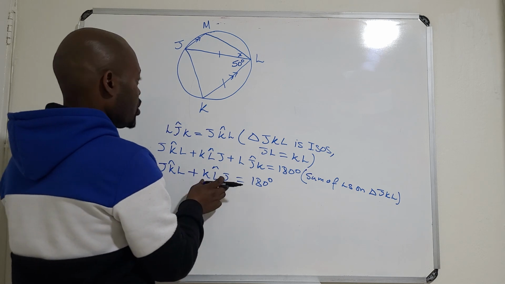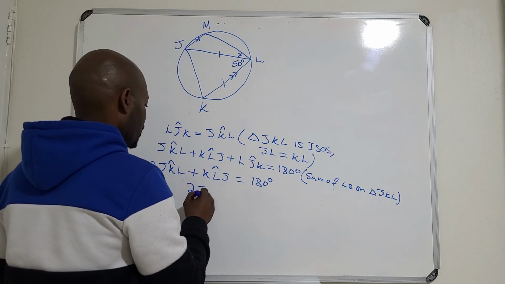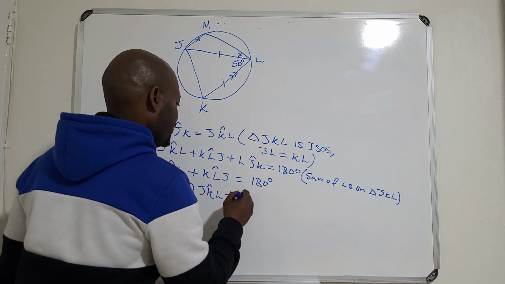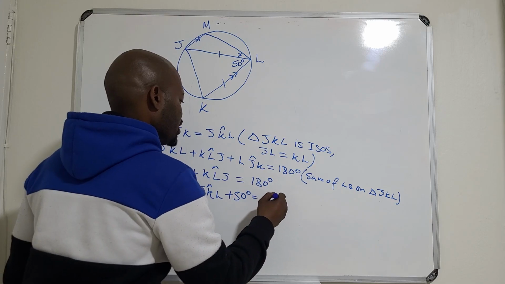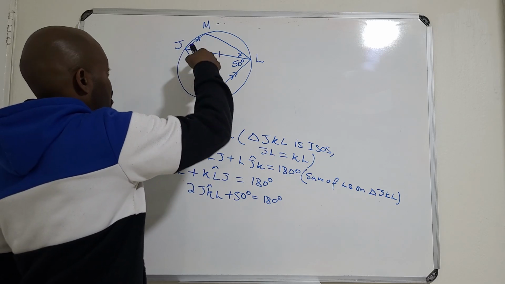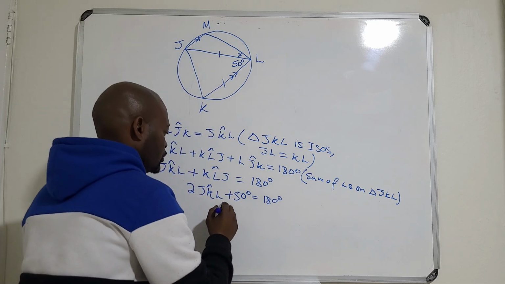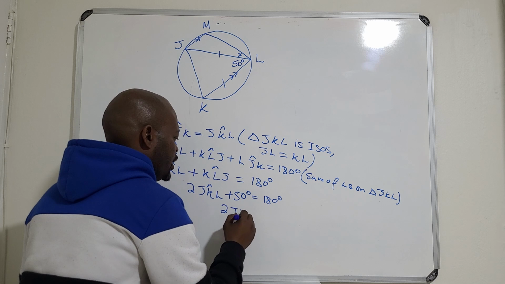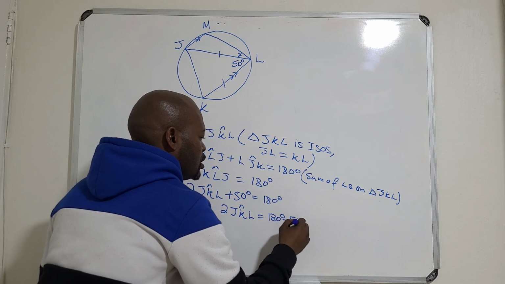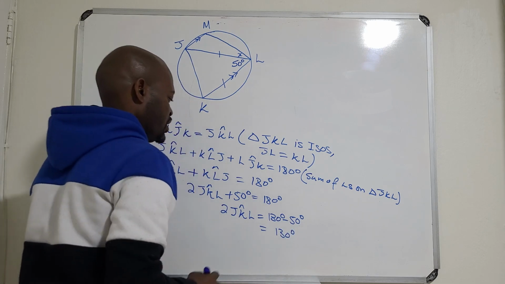Now, we know this angle is 50. Therefore, 2 angle JKL plus 50 degrees is equal to 180 degrees. We are finding this angle there. Now, 2 angle JKL is equal to 180 minus 50, which is 130.